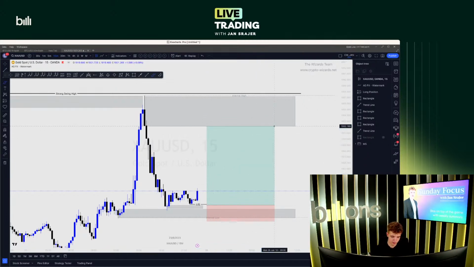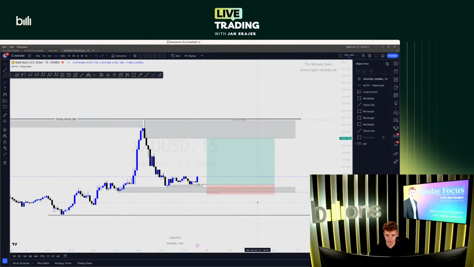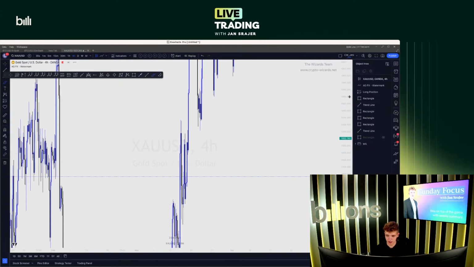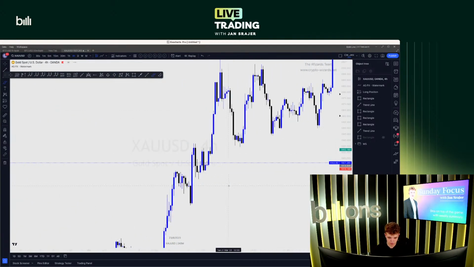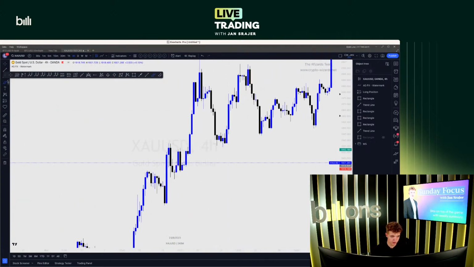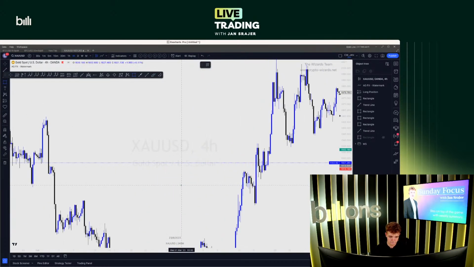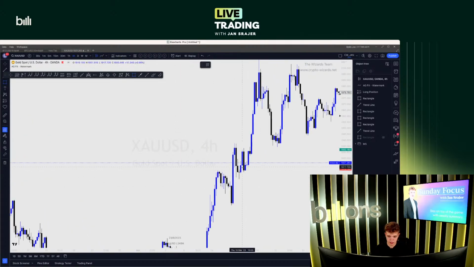If you're going to lose the level, which means we're not going to get the SFP, we're going to close below it, then I will start looking for retracement and stepping into the short and targeting lower back to the zone down there. If you go to the 4-hour time frame, and we check the supply and demand levels that we got right here, then immediately the level you will be looking for is going to be this one.